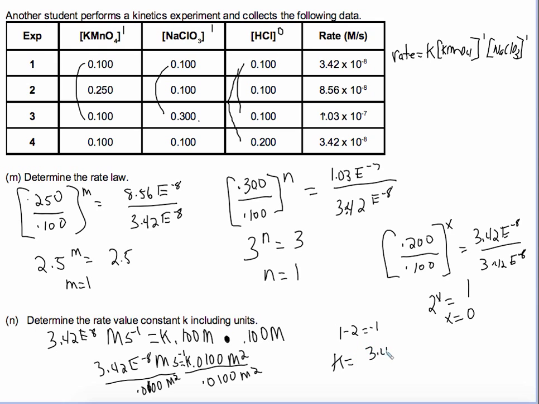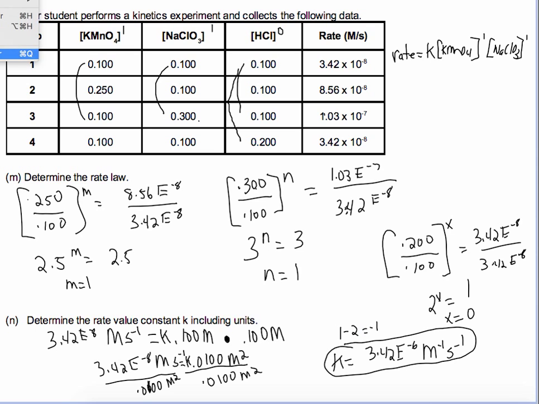So if I do the math, I get that k is equal to 3.42 e to the negative 6 molarity to the negative 1 seconds to the negative 1. And those would be the right units. Okay, that's it for this video.